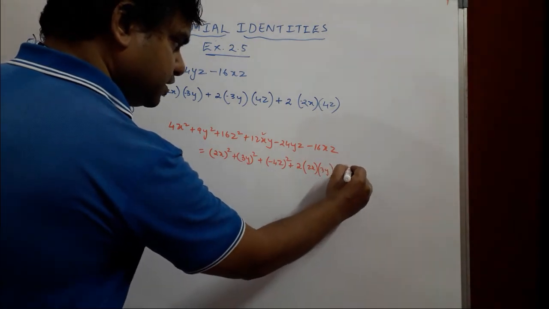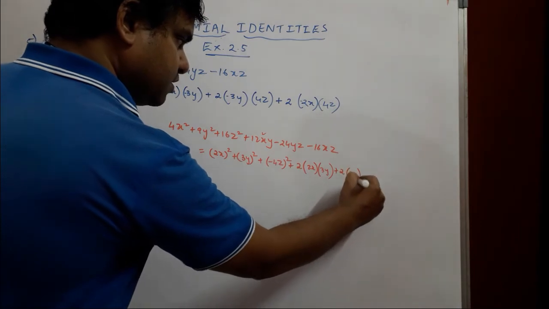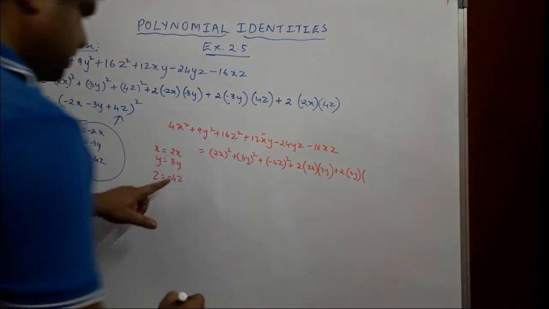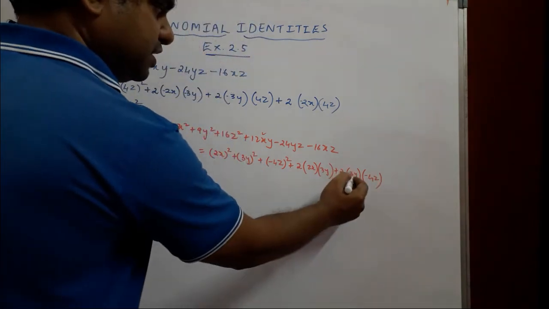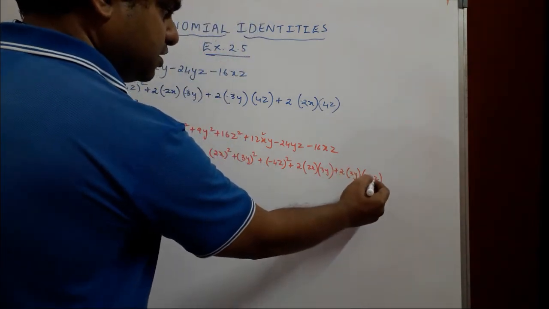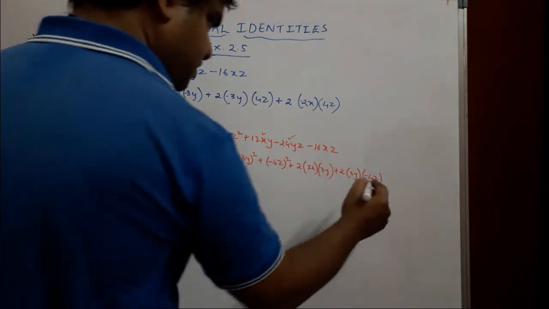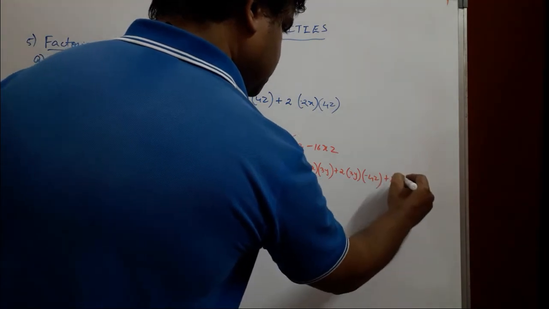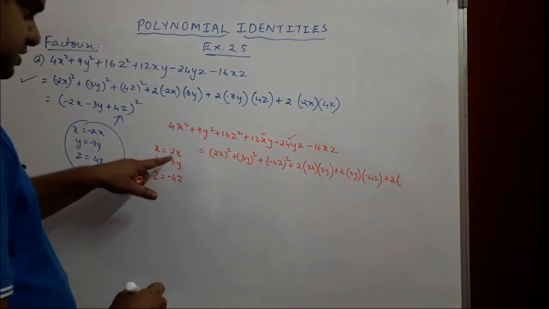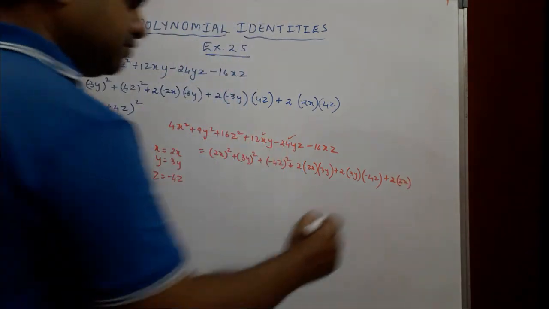Then 2 into yz, where y is positive 3y and z is negative 4z. So 2 into 3 is 6, 6 into minus 4 is minus 24yz, so it satisfies this term as well. And last we take plus 2 into x, where x is 2x and z is minus 4z.